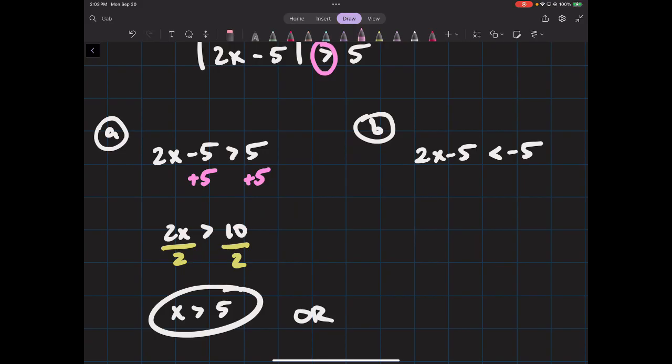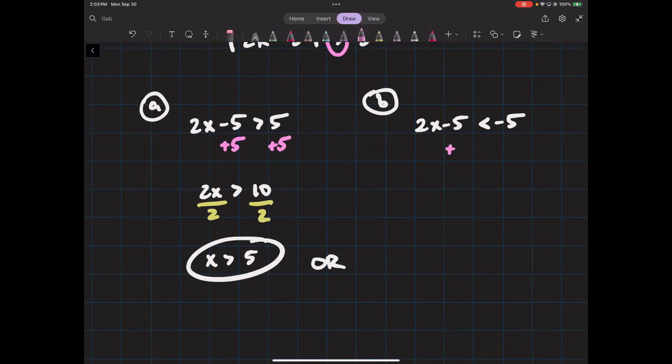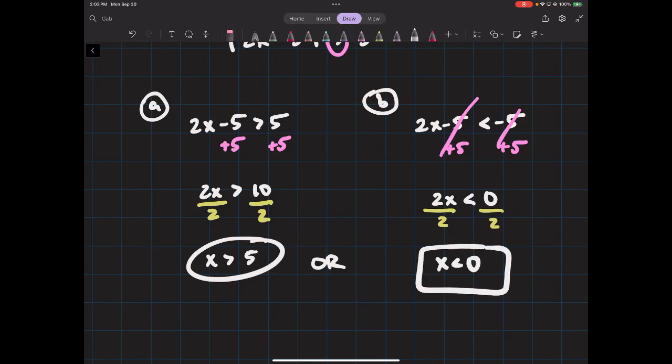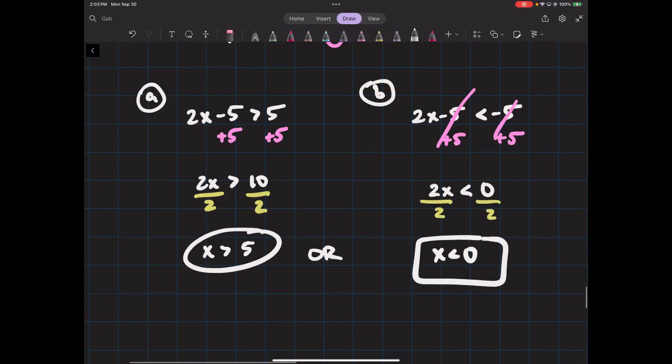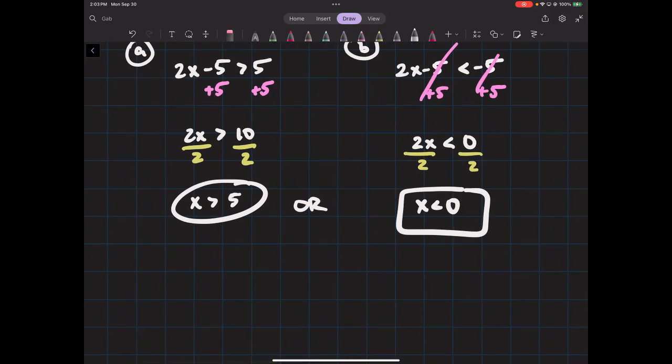Do the same steps. Add 5. But then this time, that's a 0, right? So 2x less than 0. And then we divide 0 by 2, which is just 0. Because of what we just talked about earlier, right? Half of 0 is 0. And then you graph.